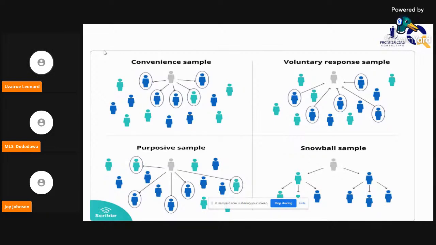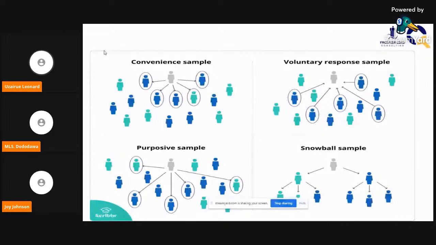The first one is the convenience sampling method. From the word convenience, it means something that is convenient for you. I've had the opportunity to see some theses written by some people. When the external examiner asks what method did you use, I think the most damaging answer anybody can give is, I used the convenience method.